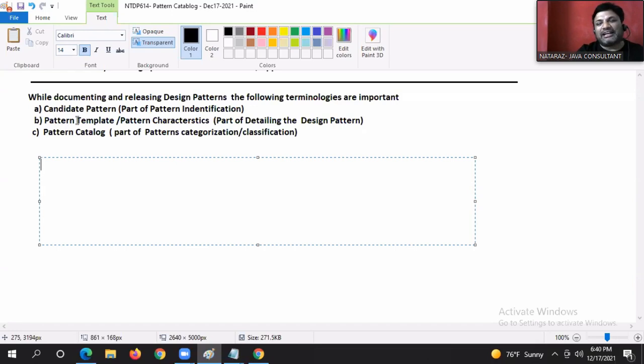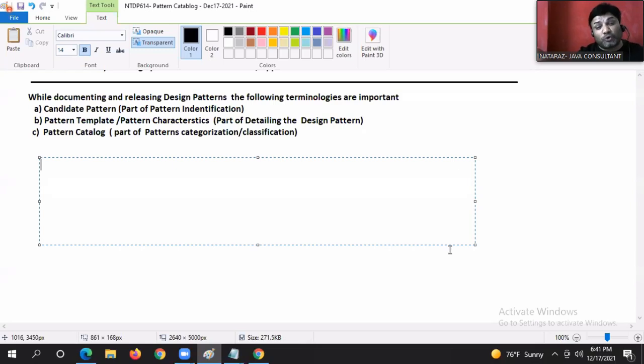Take that pattern template of the candidate pattern and compare it with pattern catalogs that are already there in the market. If you found that in the already available pattern catalogs no one is talking about your problem and your solution, no problem. Then your candidate pattern becomes a design pattern.